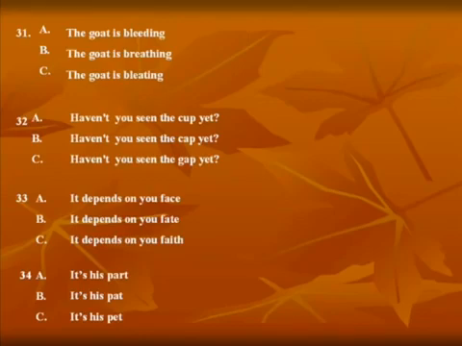The goat is bleating. Number 32. Haven't you seen the cap yet? Number 33. Depends on your fate. Number 34. It is part.